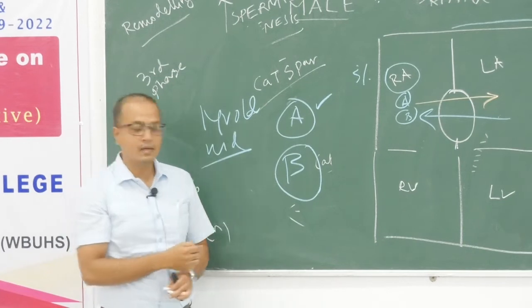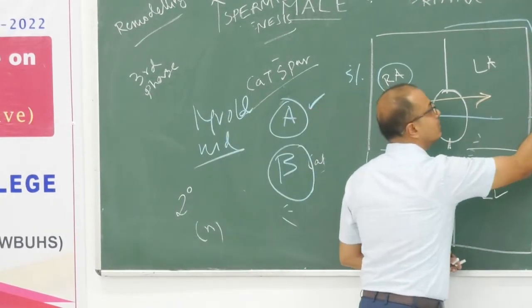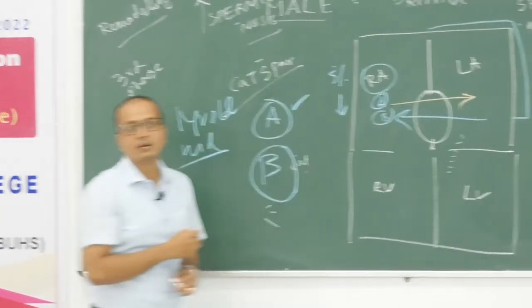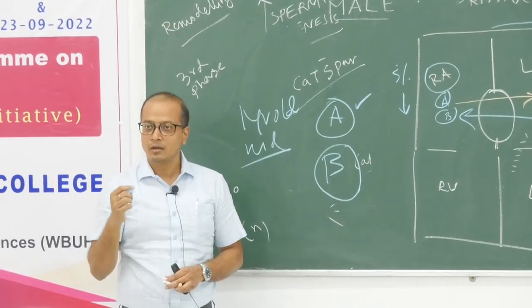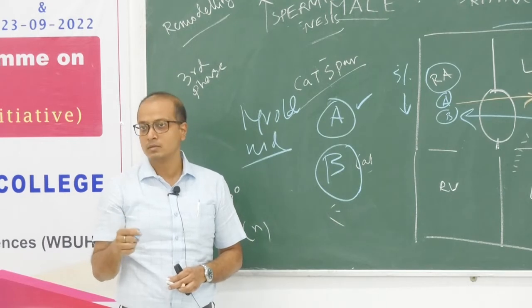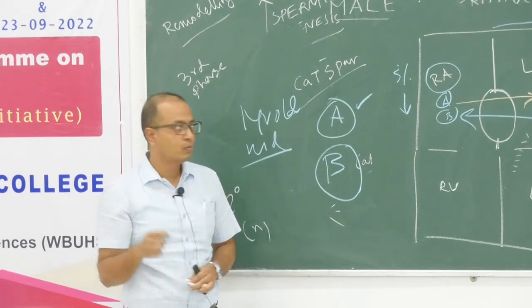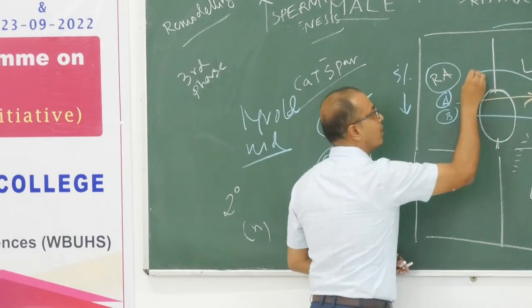So the left atrium is a higher pressure chamber compared to the right atrial chamber. So there is normally always a shunt of blood taking place from left to right.